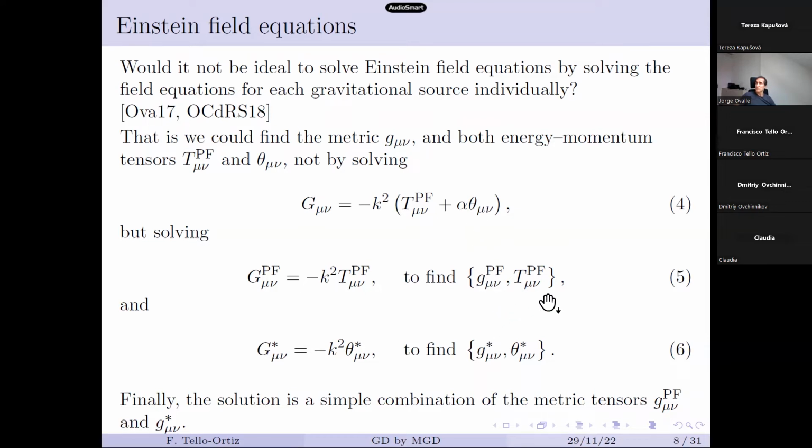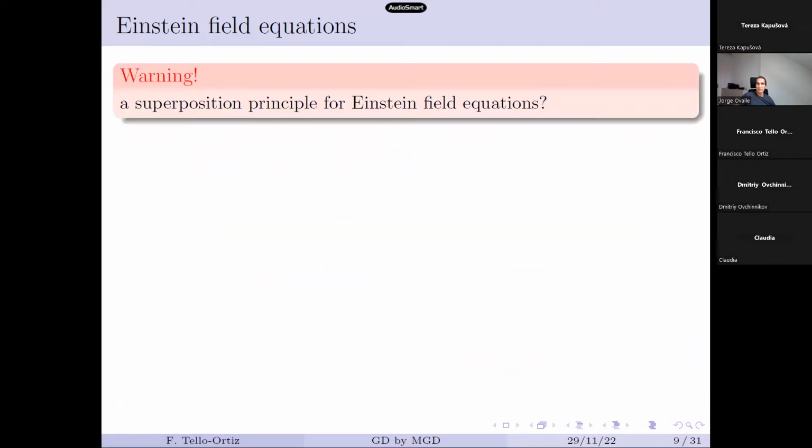But what's the problem in doing so? A superposition principle for Einstein field equations? You know that the superposition principle works very well when you are working with linear differential equations. In this case, it should not be possible because we are facing a system of nonlinear partial differential equations. Nevertheless, this methodology, the so-called gravitational decoupling by minimal geometric deformation approach, allowed us to solve this issue.